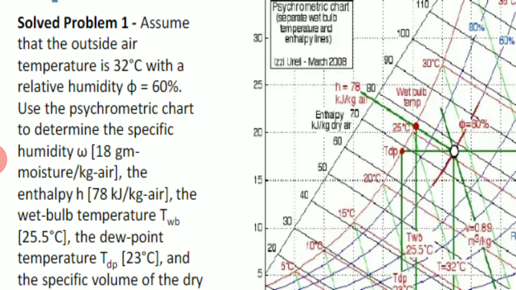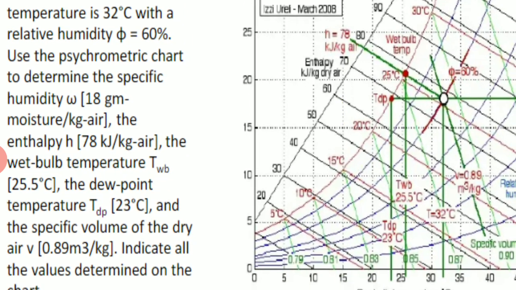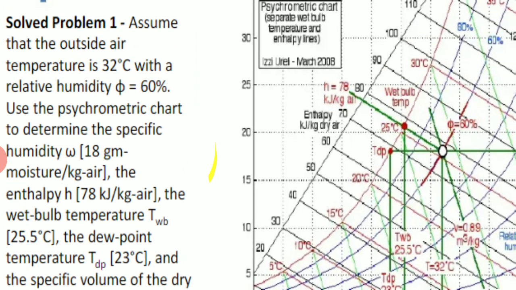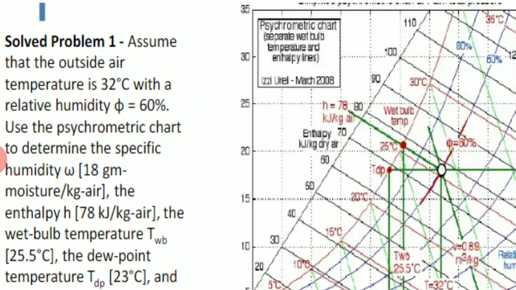Use the psychrometric chart to determine the specific humidity, W, we have to find. First, keep it in mind, W we have to find. Enthalpy we have to find, second. Third is wet bulb temperature. Then the fourth is dew point temperature. Then the fifth is specific volume. So these are the 4 to 5 parameters we have to find corresponding to 32 degrees and 60% relative humidity.